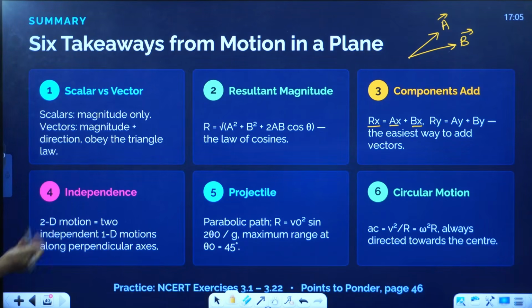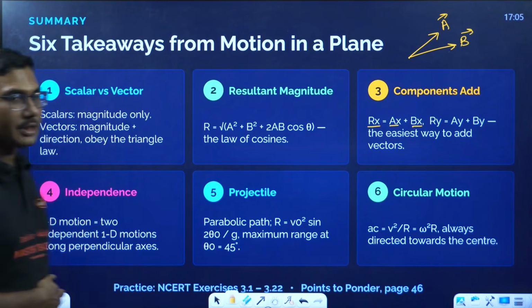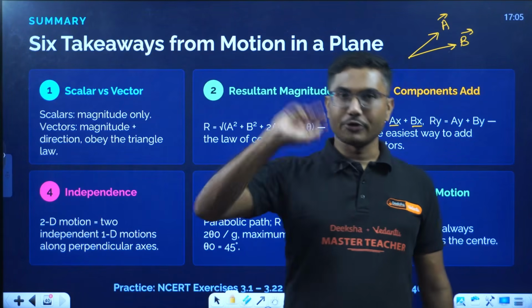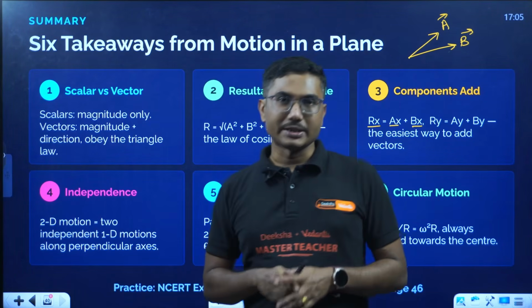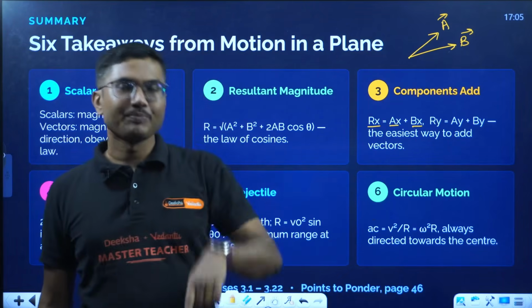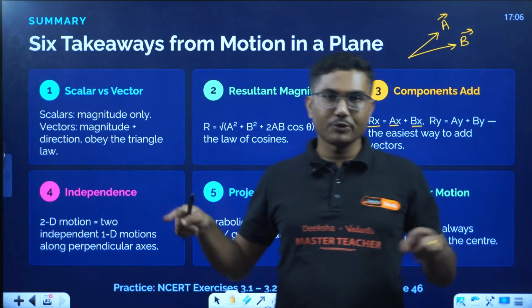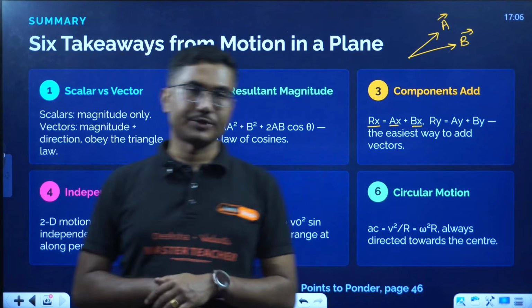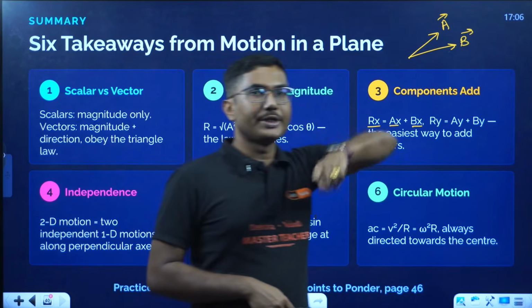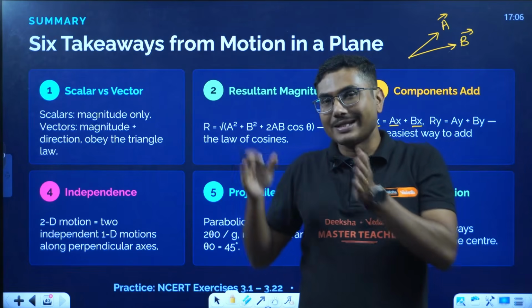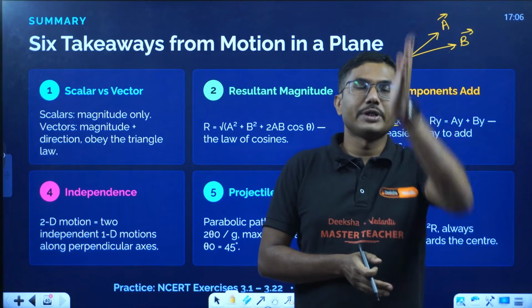Okay, independence. Now in 2D motion, 2 independent 1D motions along the perpendicular axes can be considered. That is the resolution of a vector. For example, when you throw a projectile, the projectile can be considered as having a vertical motion and a horizontal motion. Vertical motion and horizontal motion are 2 independent motions. Whenever the object is moving in the horizontal direction, you can treat it as a separate motion.